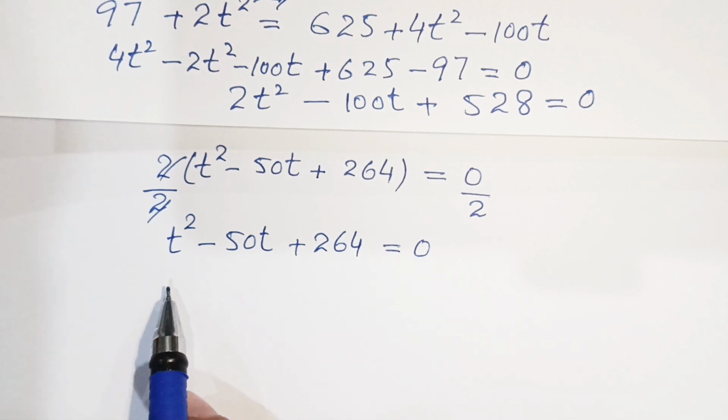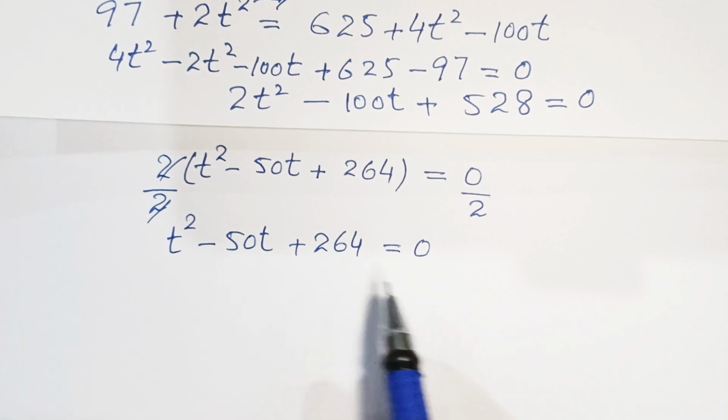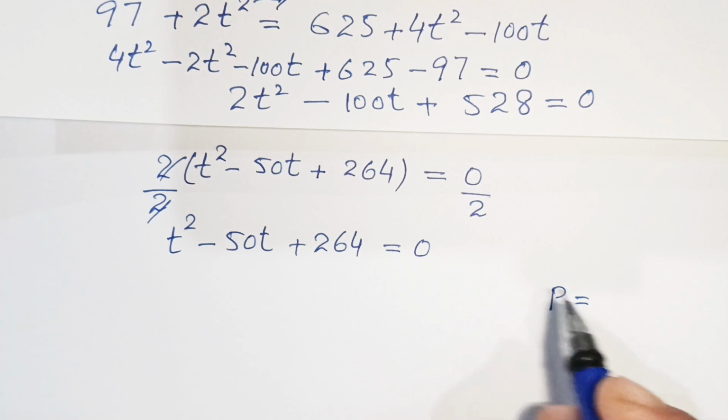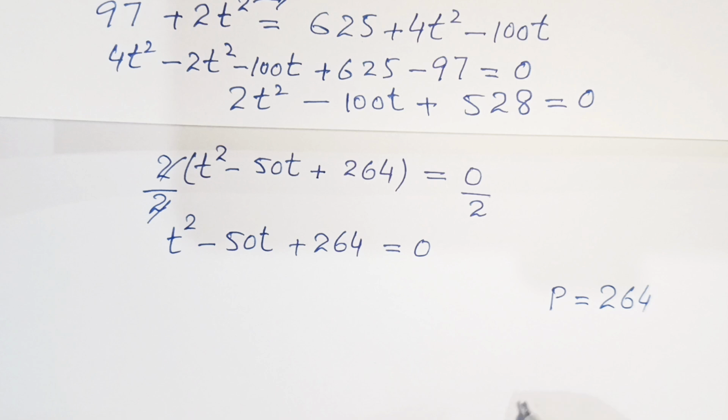So it is a nice quadratic equation, and it is also factorable. So here we get the product of this one, 264 times 1 is 264. Now we have the sum. Here the sum is minus 50t, which is minus 50, we just write here.